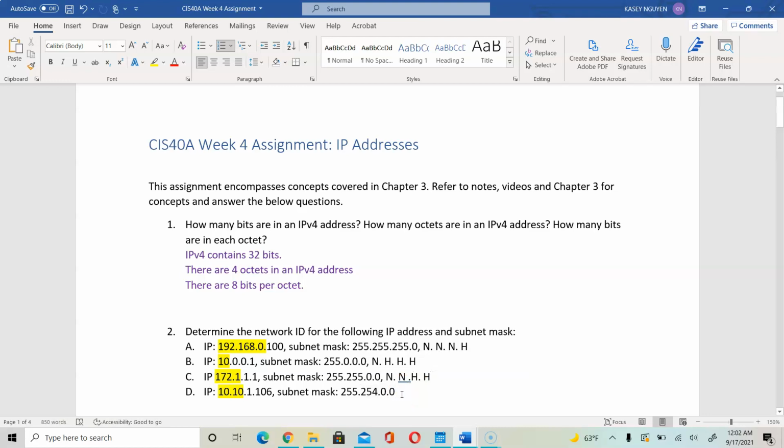So what we would see is that our 10 and 10 in the front here would represent the network ID for this particular address. So you would refer to the subnet mask, and the values that would be 255 or 254, 252, you would see that that would represent the network ID.